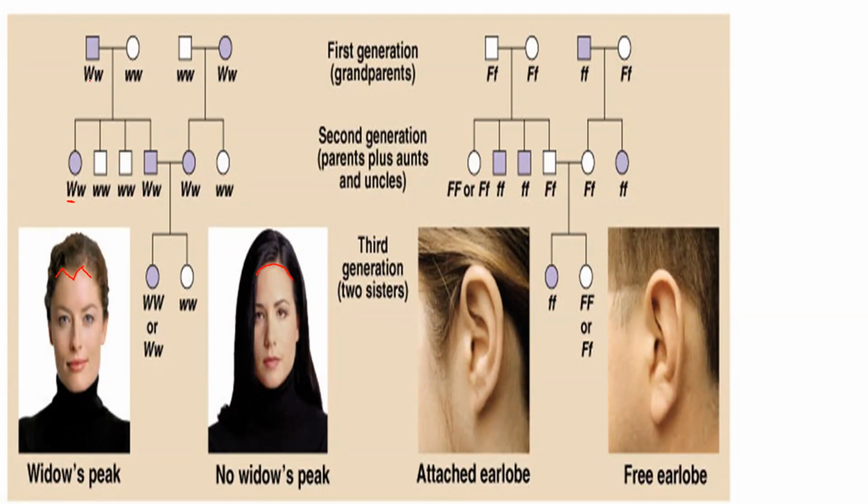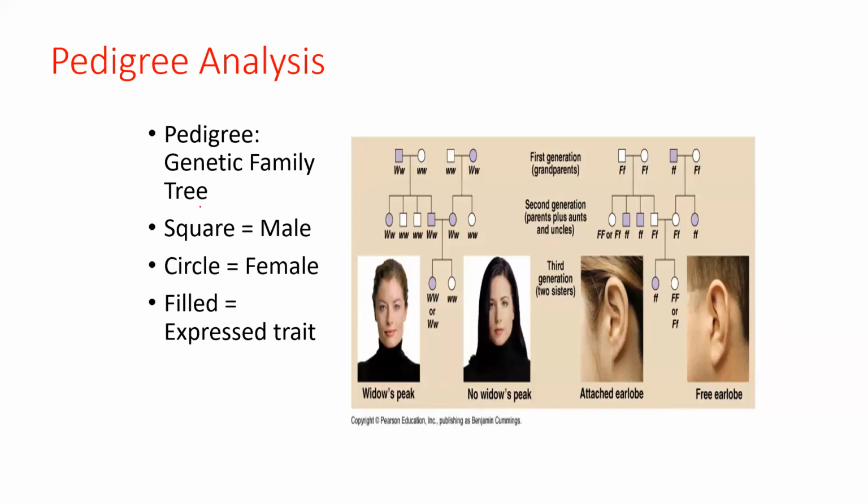Generally speaking, when it comes to these pedigree charts, what we do is this. The squares here represent males, okay? So if you see a square, it's a male. You see a circle, it's a female. You won't see triangles or octagons on pedigree charts.